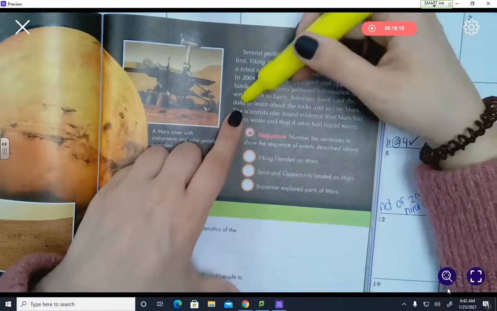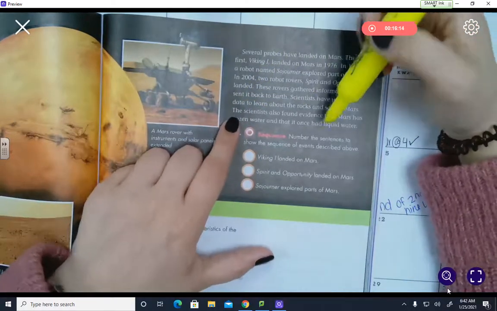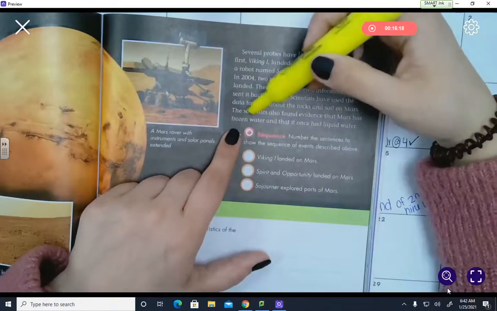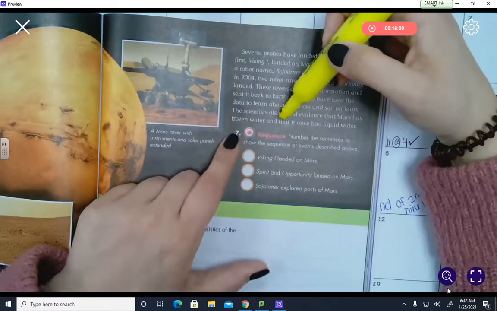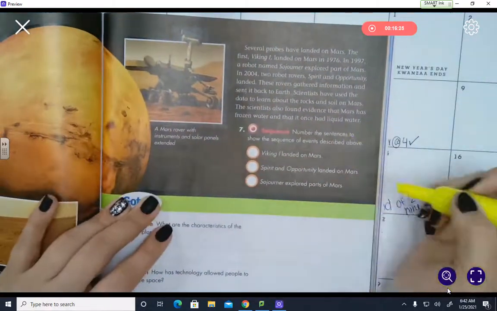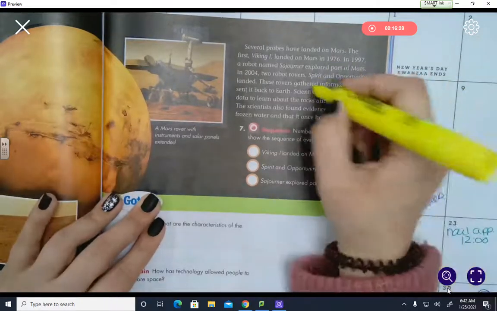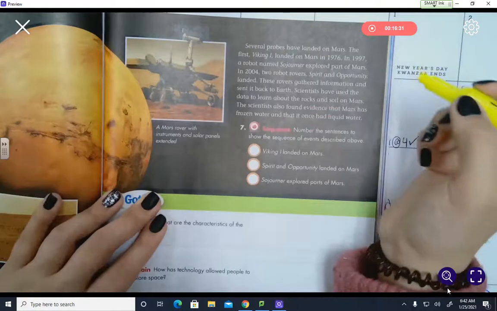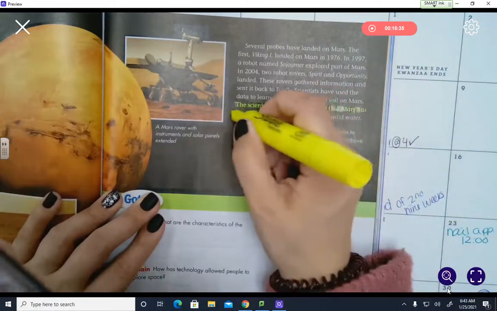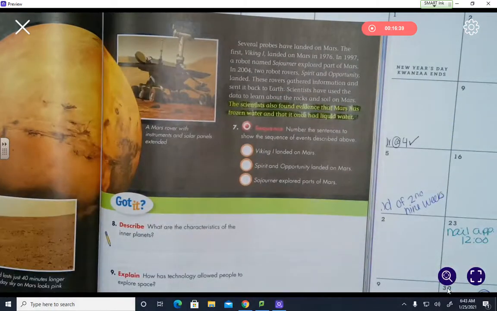Scientists have used the data to learn about the rocks and soil on Mars. These scientists also found evidence that Mars has frozen water and that it once had liquid water. That's pretty cool. Let's highlight that scientists also found evidence that Mars has had frozen water and once had liquid water.